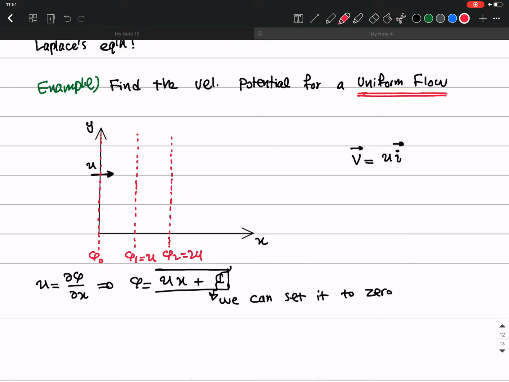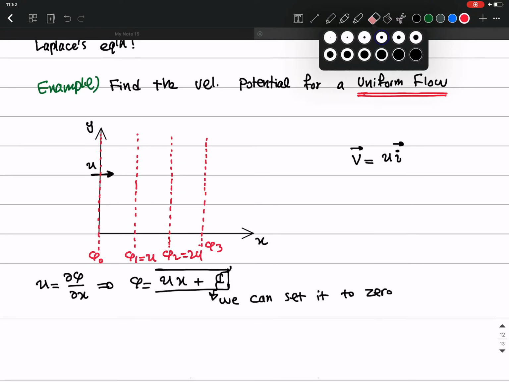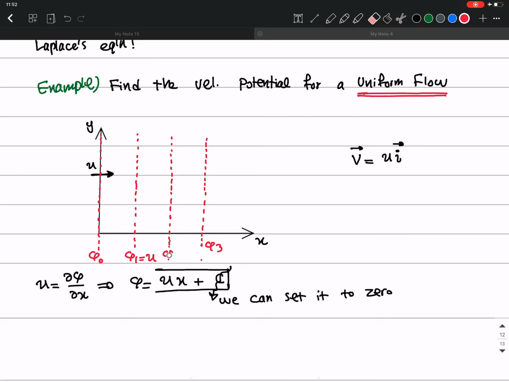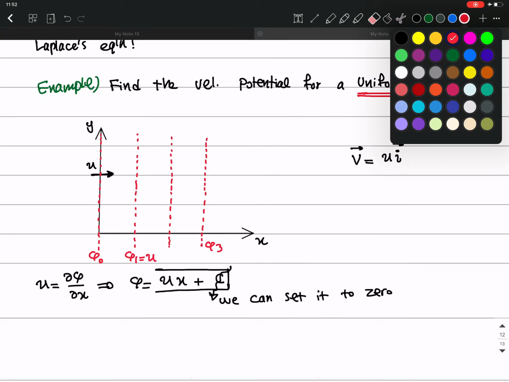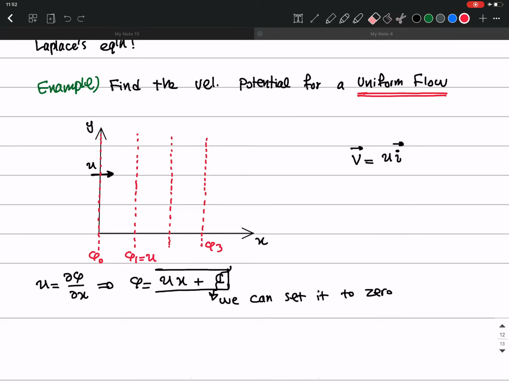Phi 2 is 2u, and so on and so forth. So this is going to be phi 3, equal to 3u.